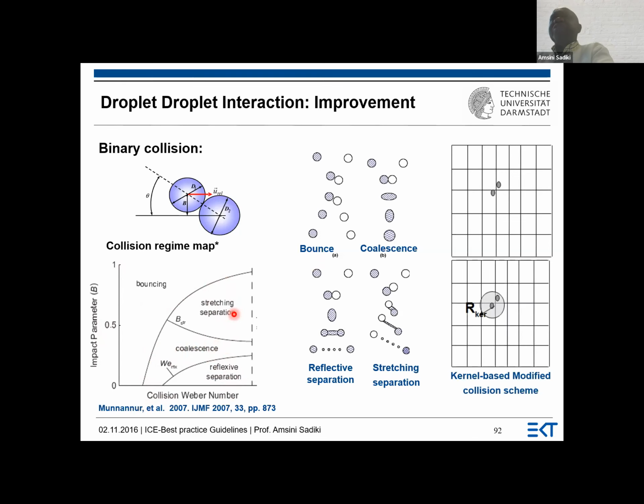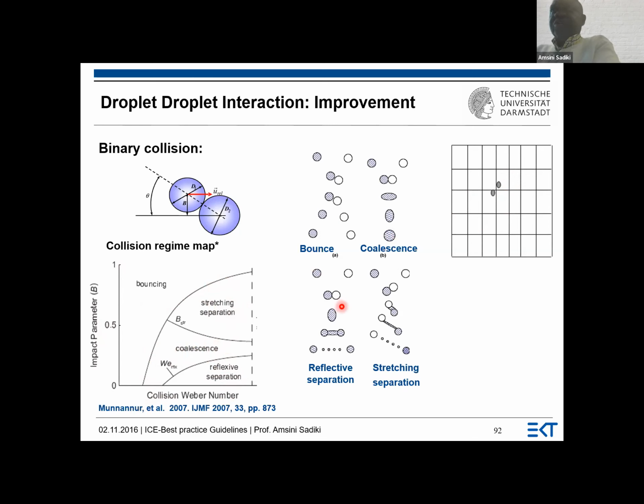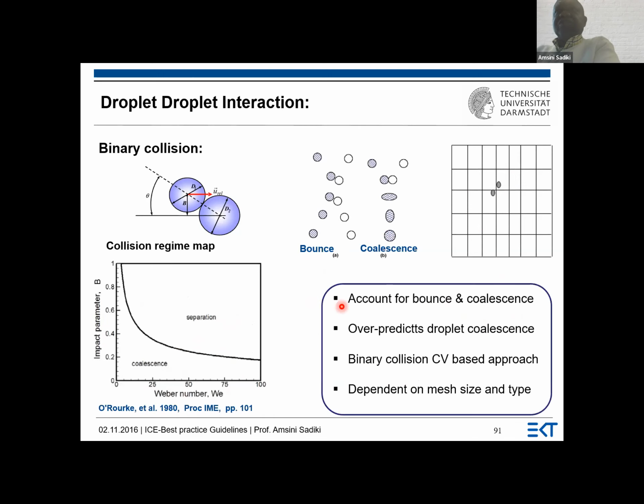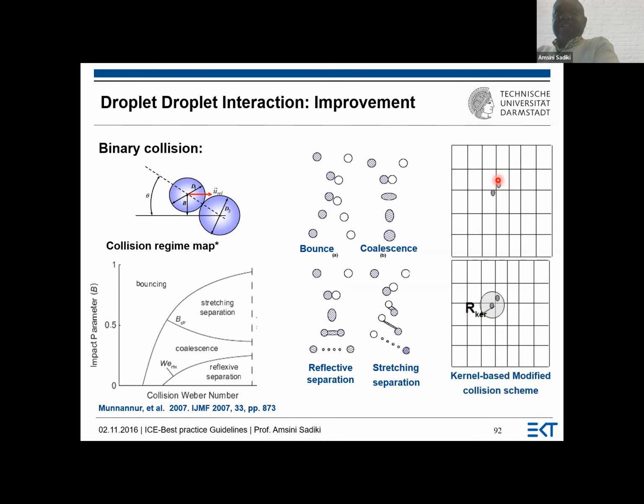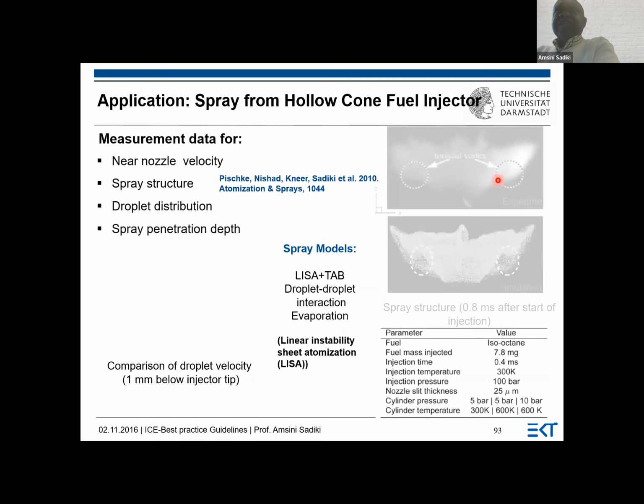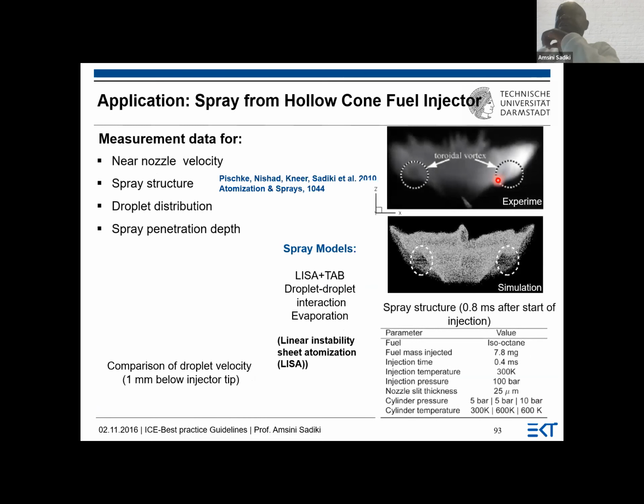And for that, we have developed not this control volume-based approach, but this kernel-based modified collision scheme. This scheme allows us to account for all these processes, and not only these two, which can be captured by the control volume-based approach. The details are in this paper here, and we compared with experimental data.